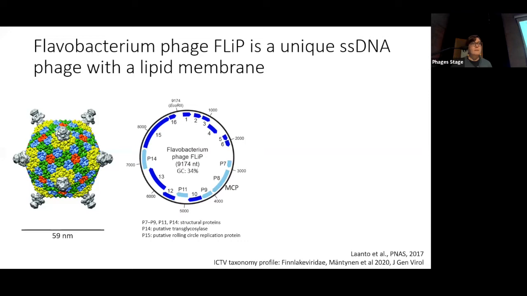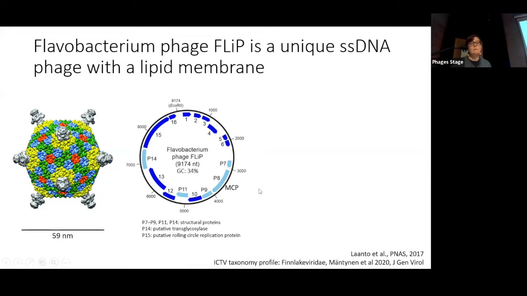Within the capsid, the genome is approximately 9,000 nucleotides long. It's a circular DNA molecule, and it encodes 16 coding sequences. 5 of those have been identified to be structural proteins, marked here in this figure in a lighter blue color.